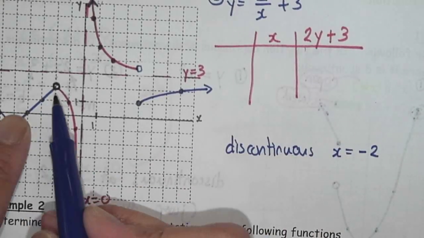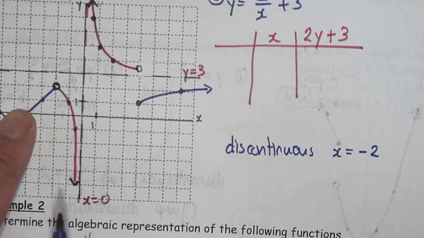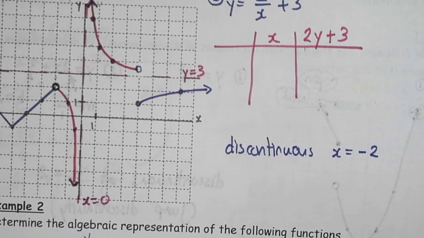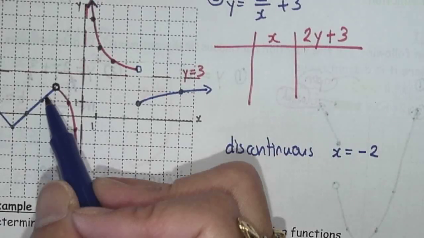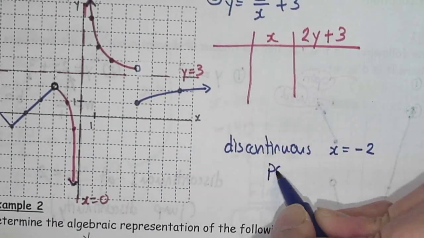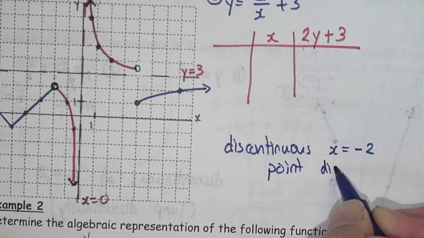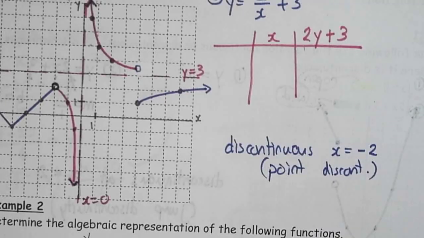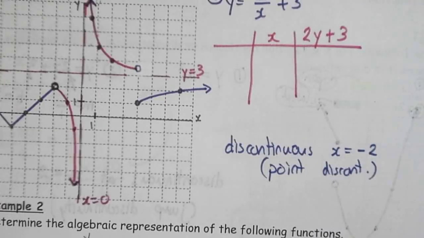Jump, is it jumping from one point to another? So jump is going to be jumping from one point to another. Sorry? Point, yes, or removable. If something's gone or a point's missing, right, so removable or point. So you can say point or removable. So point discontinuity, okay, or removable, right? So anything missing is a point or removable discontinuity.